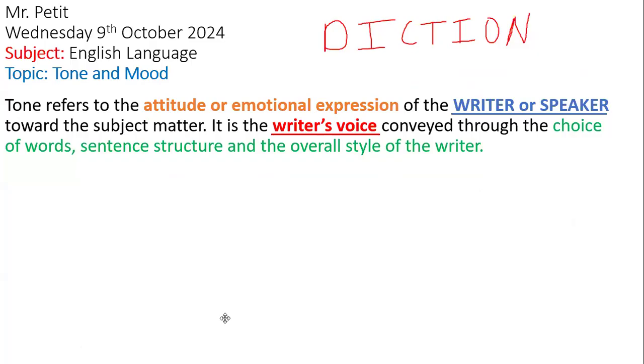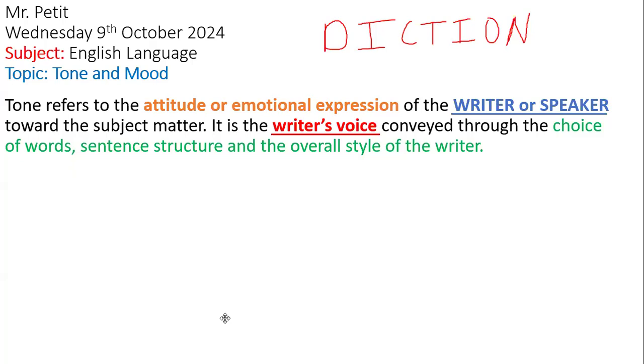Okay, so what is tone? Tone refers to the attitude or emotional expression of the writer or speaker towards the subject matter. Very good. It is the writer's voice. So how is the writer's voice conveyed? Through the choice of words, sentence structure, and style.